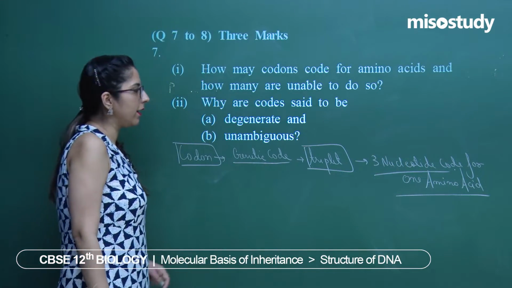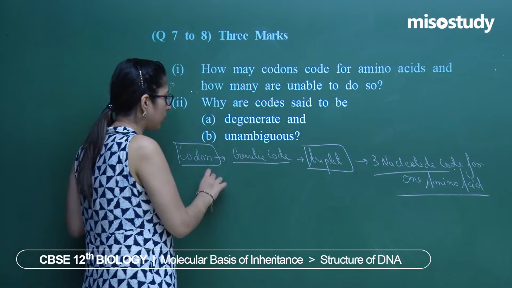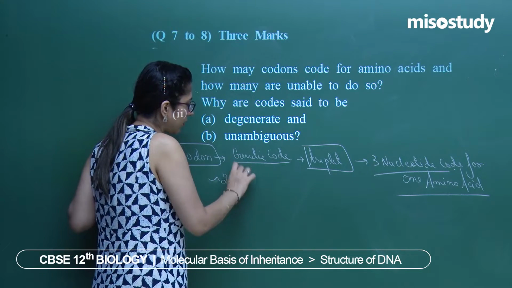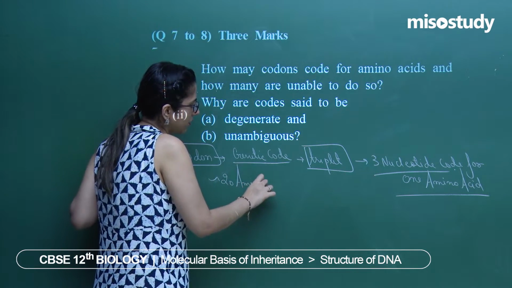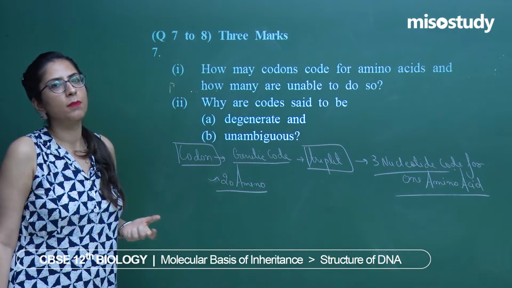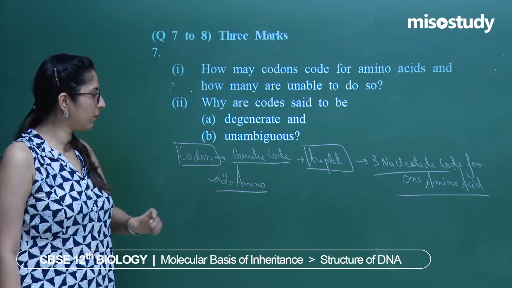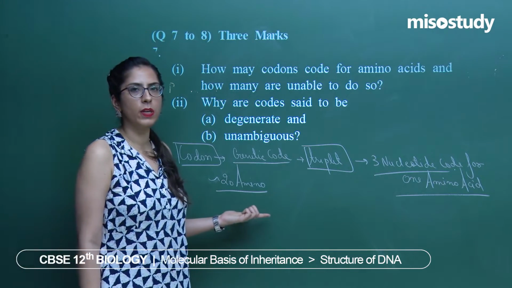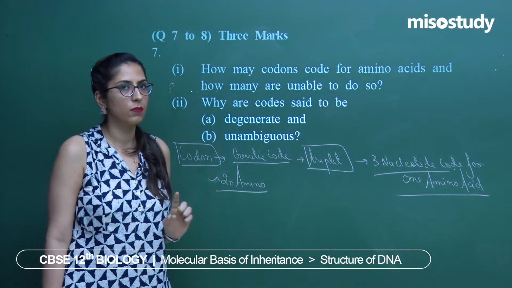Today we know there are around 20 amino acids present. Though research is going on towards discovering more amino acids as well, we will be focusing on only the 20 amino acids already discovered.